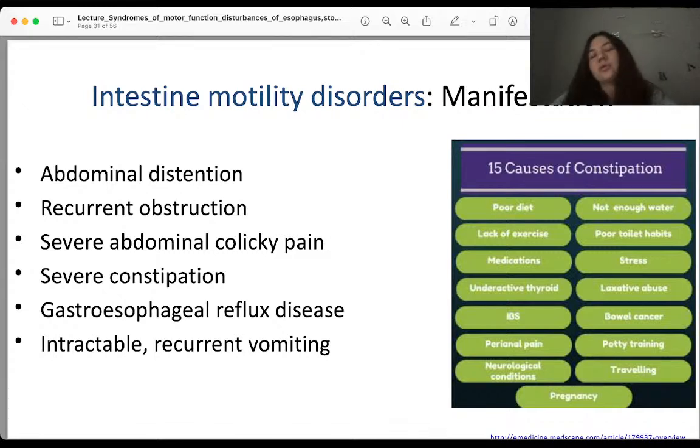And one of the most frequent is IBS. It means irritable bowel syndrome, which is connected with our today's topic and has the same pathogenesis as functional dyspepsia.